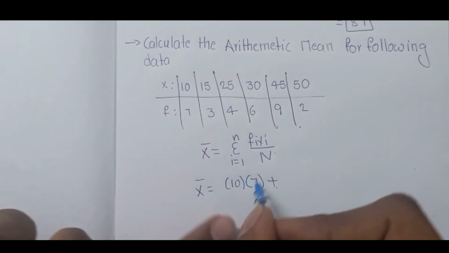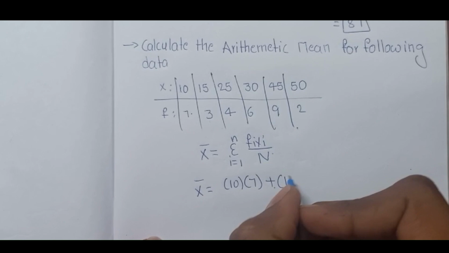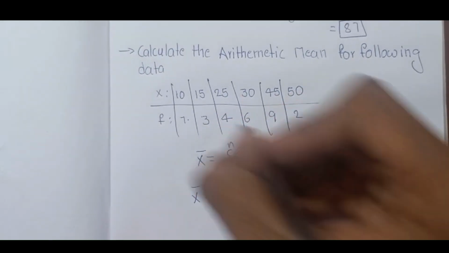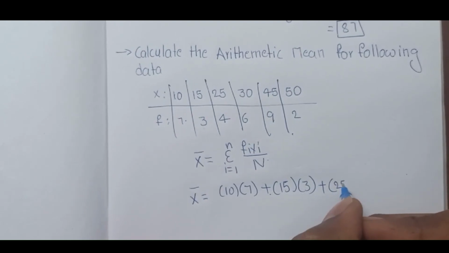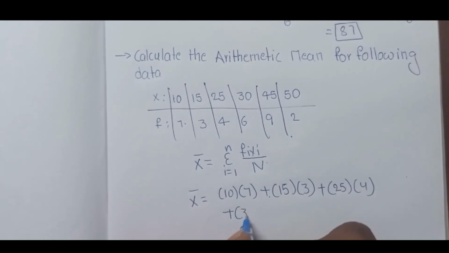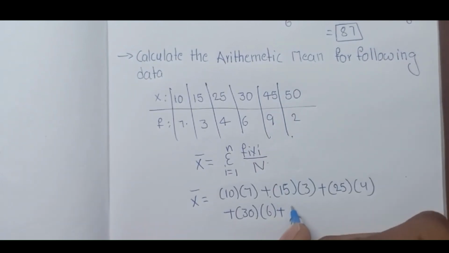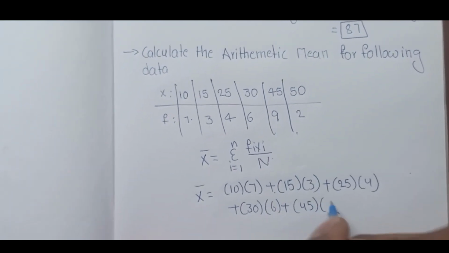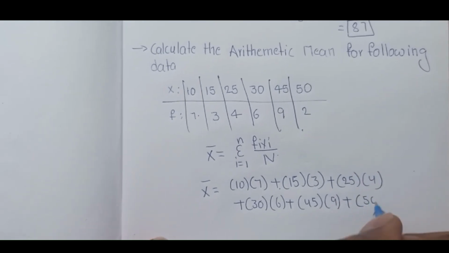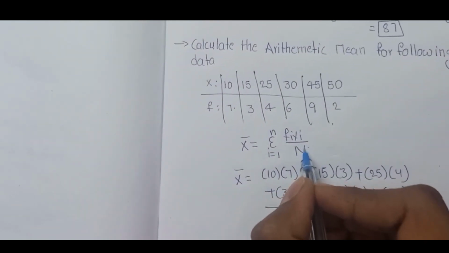Here, 10 into 7, plus 15 into 3, plus 25 into 4, plus 30 into 6, plus 45 into 9, plus 50 into 2, divided by N. Now what is the value of N?